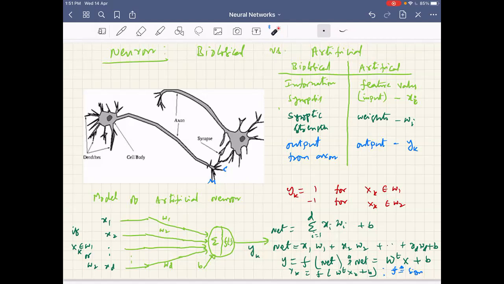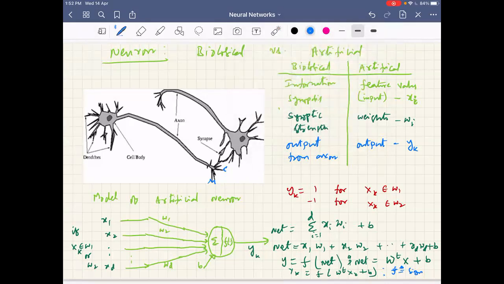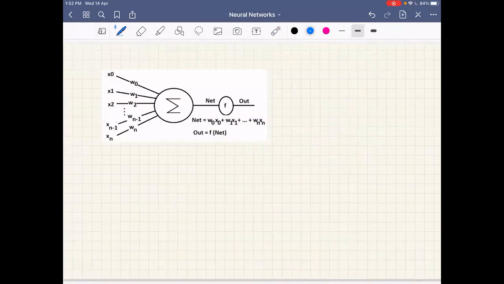Now, given this, let us proceed to see what this neuron can do and what the limitations of this model of neuron are. Here we have the model of neuron from the previous slide, and these are all the input features.